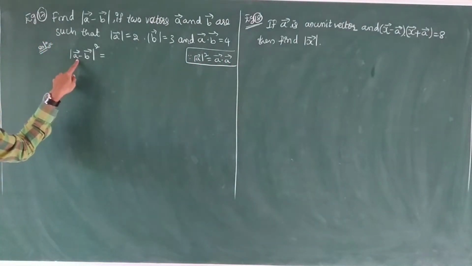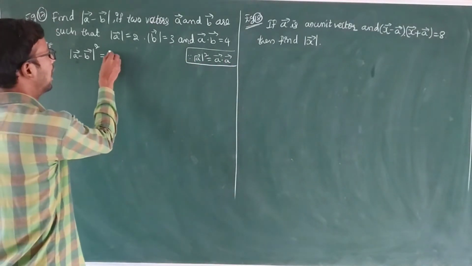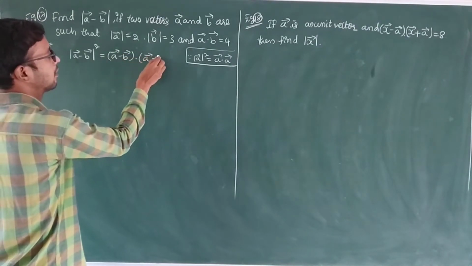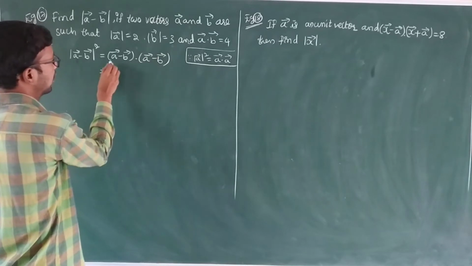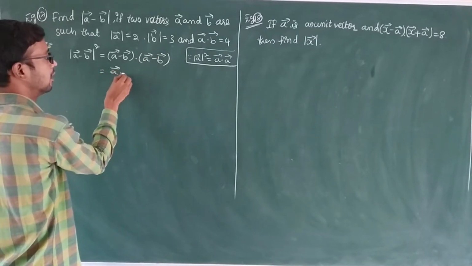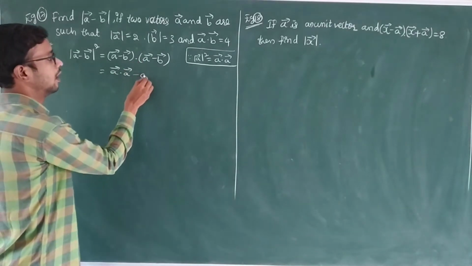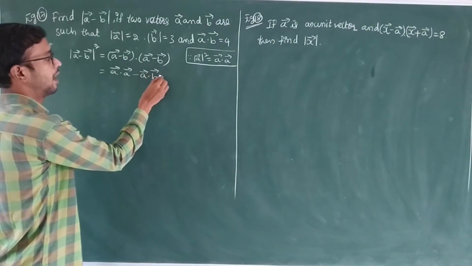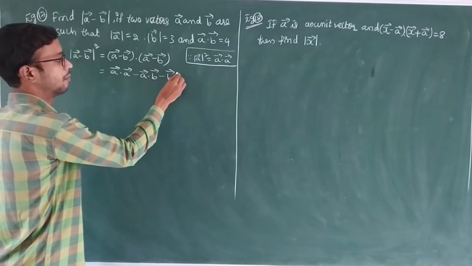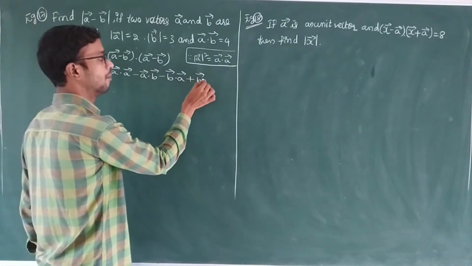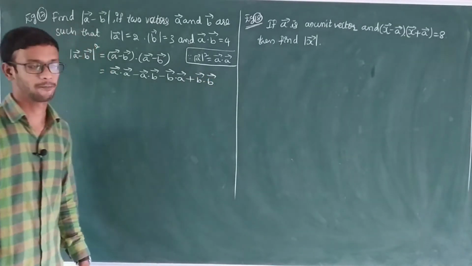A bar minus B bar is there. So A bar minus B bar dot A bar minus B bar. A into A, dot product, you make A dot A minus A bar dot B bar minus B bar dot A bar, minus into minus plus B bar dot B bar.